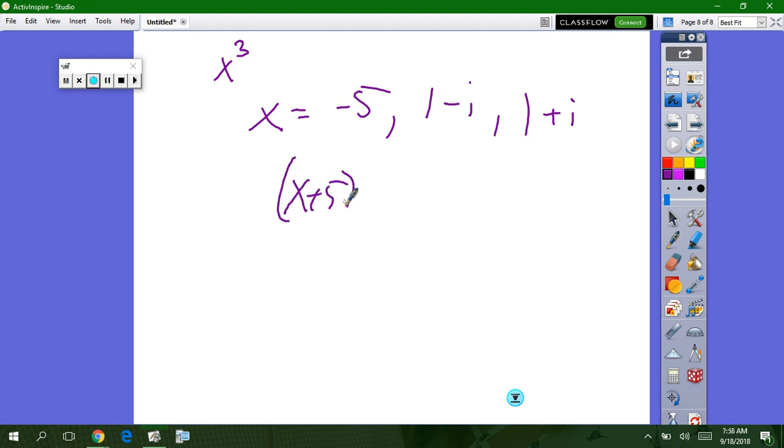Basically, I set him equal and I added him over. Same thing here. What would he be? x minus 1 plus i. Yes? No? Maybe so? Do we feel okay? What about this guy? x minus 1 minus i.